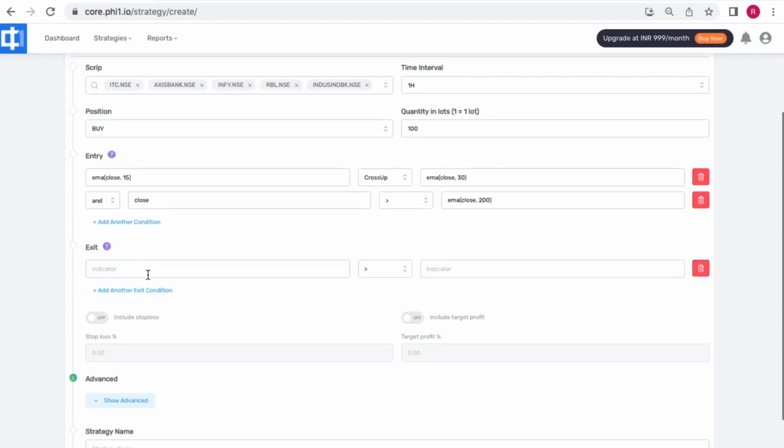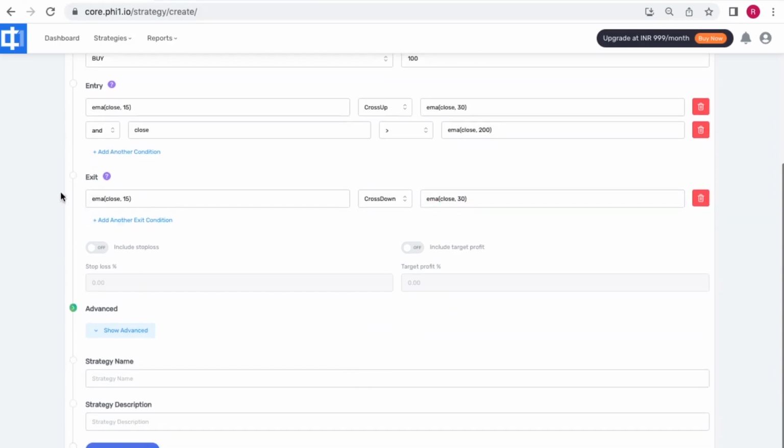Alright. Our exit condition is the opposite crossover between the EMAs, where your 15 period EMA is crossing below the 30 period EMA.